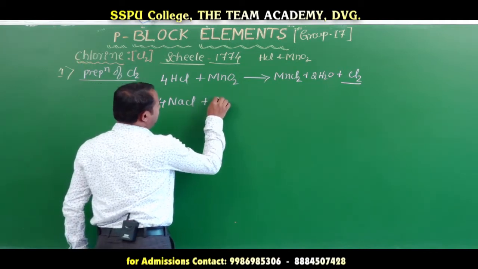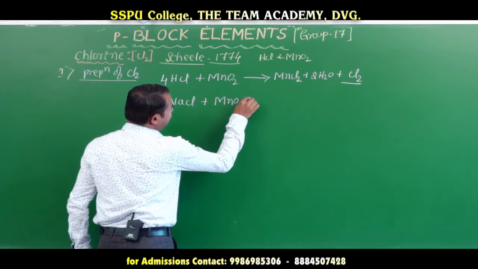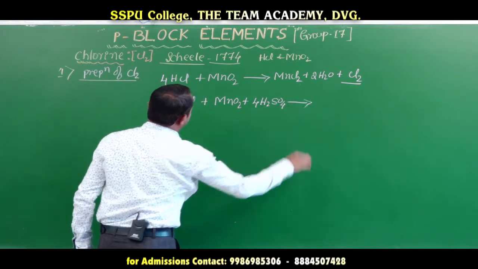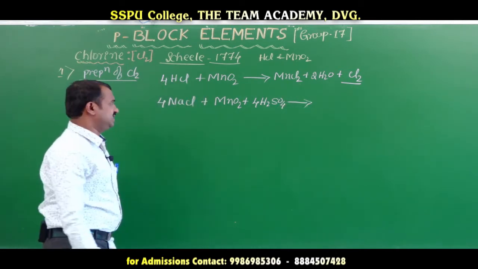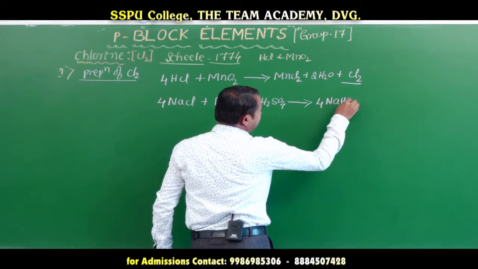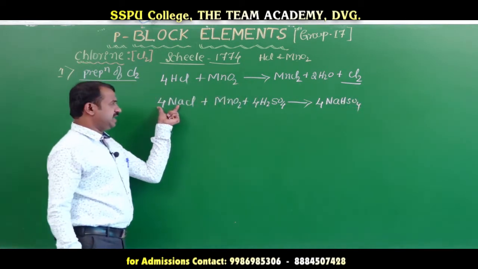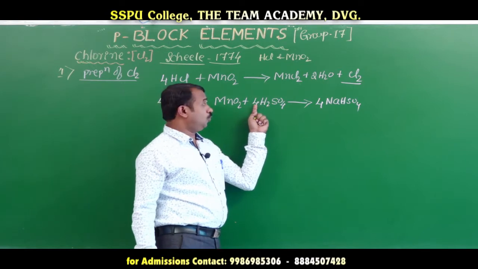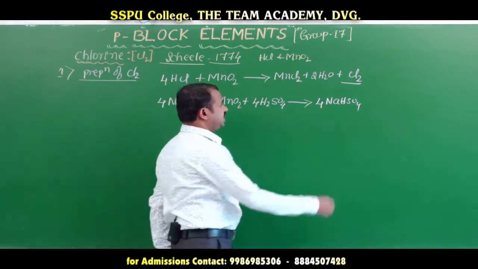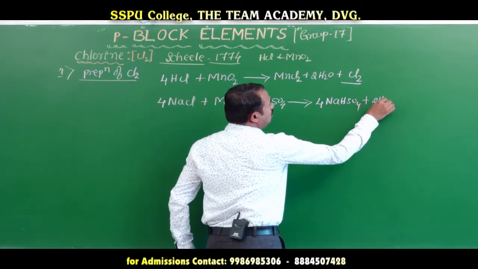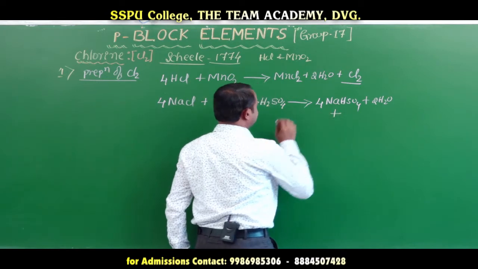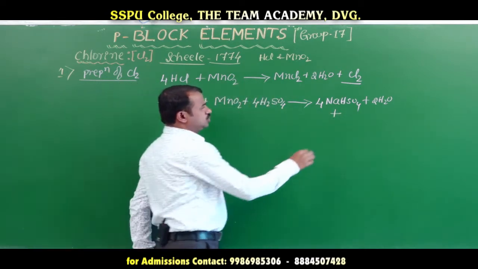When sodium chloride reacts with manganese dioxide in presence of sulfuric acid, it forms 4 molecules of sodium hydrogen sulfate (bisulfate), 4Na, 4H and SO4, along with 2 molecules of water, plus MnCl2.